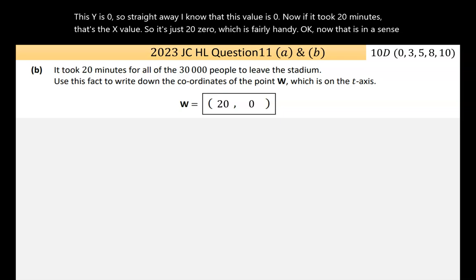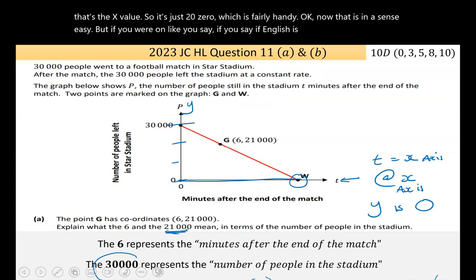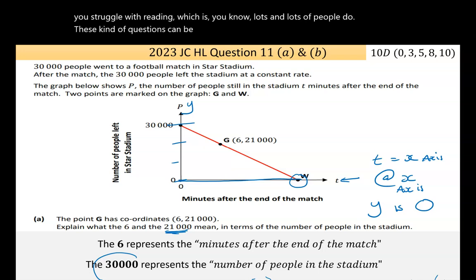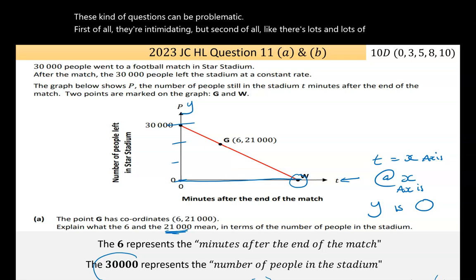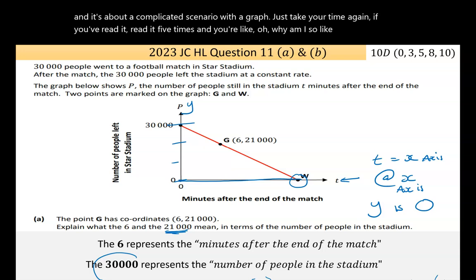But if English is not your first language, or you struggle with reading, which lots and lots of people do, these kind of questions can be problematic. First of all, they're intimidating, and second, there's lots and lots of words, and it's about a complicated scenario with a graph. Just take your time.